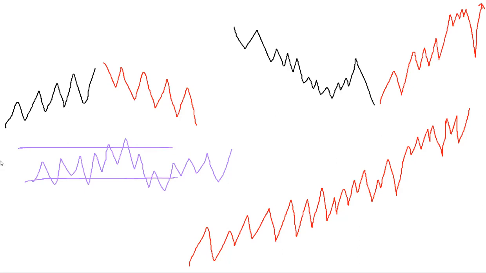So we have an uptrend, we have a downtrend. How do we know that this is an uptrend? It is when the market is creating a series of higher high, higher low, higher high, higher low.